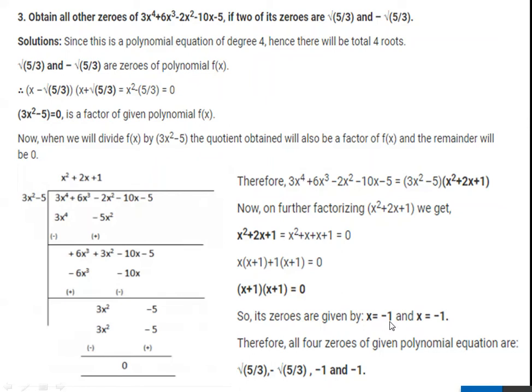Equating each of these to 0, you will get x is equal to minus 1 and x is equal to minus 1. Therefore, all four zeros of the given polynomial equation are root 5 by 3, minus root 5 by 3, minus 1 and minus 1. All four zeros of the given polynomial.